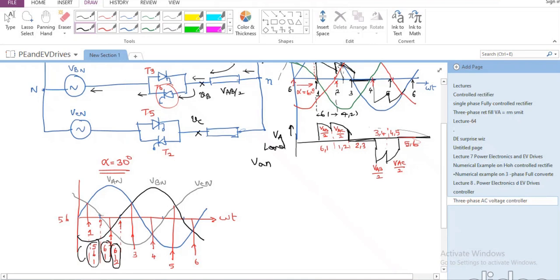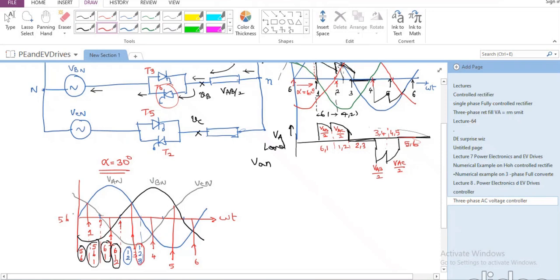And before this, it must have been only 5 and 6. And I should be able to say again, for some duration, I'm going to have only 1 and 2. Whereas again, until here, I'm going to have 1, 2, 3. All three of them conducting together.